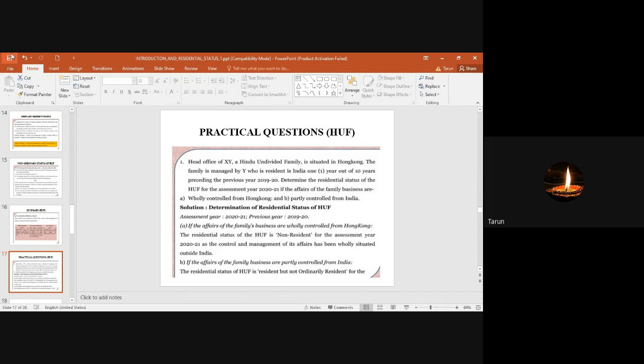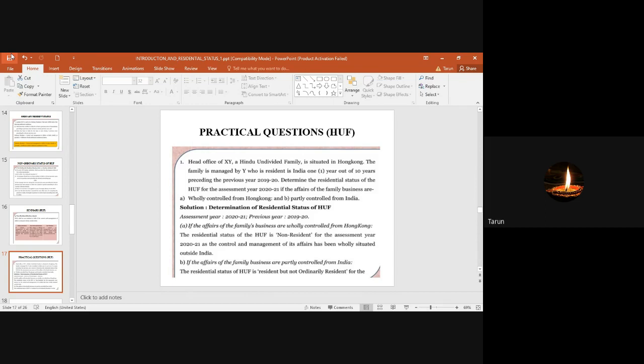So, if the affairs of the family business are wholly controlled from Hong Kong, the residential status of the HUF is non-resident. As I already told you, if the Hindu undivided family business is controlled from outside India, which is Hong Kong, the HUF will become non-resident of India.